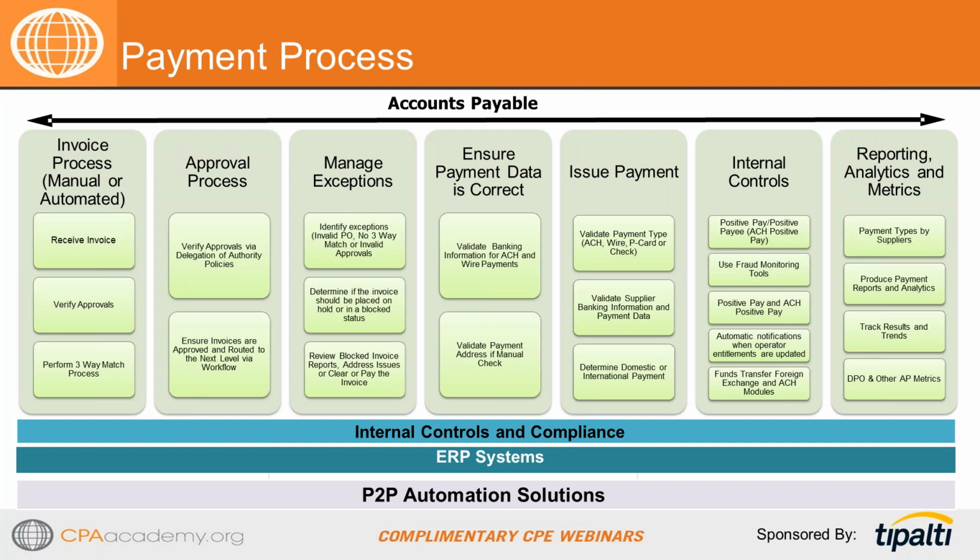Some of the key internal controls: positive pay, positive payee, and use of fraud monitoring tools that are available from your bank, in this case positive pay and ACH positive pay, automatic notifications when operator entitlements are updated, funds transfer exchange, and ACH modules. So those are available automated tools within the payment process.